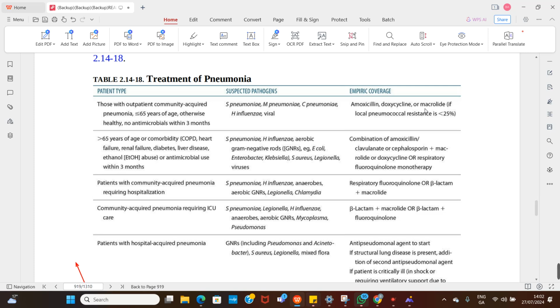If you are saying a beta-lactam, we mean probably you are giving a cephalosporin like ceftriaxone, or you are using amoxicillin-clavulanic acid with your macrolide, or you are giving your respiratory fluoroquinolone monotherapy only. Like levofloxacin, moxifloxacin, any one of them. Just give one, or you give a combination therapy of your beta-lactam with your macrolide. Those are going to be fine.